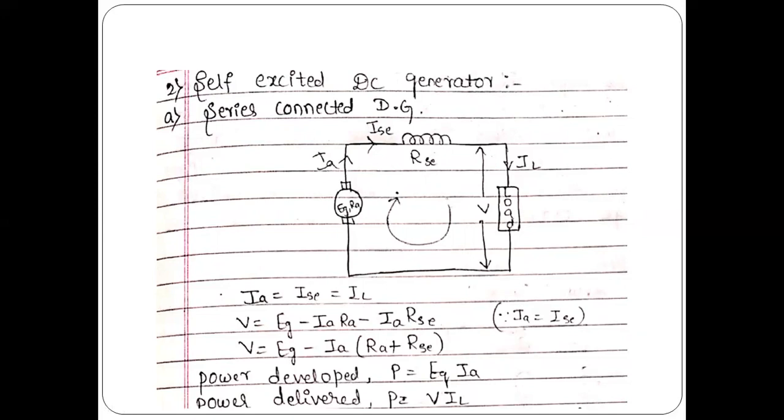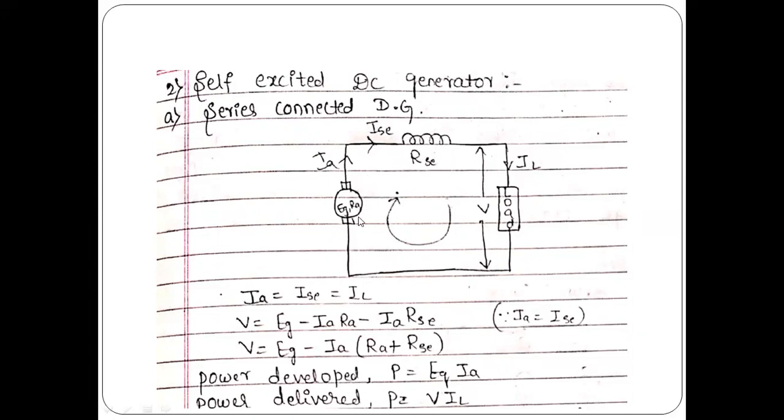Then what is the voltage across the load terminal? V is equal to how much? If you apply KVL here, Eg is the generated voltage minus the drop in the armature minus the drop in the field.